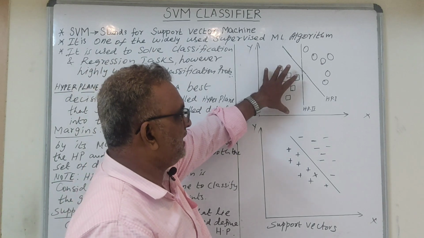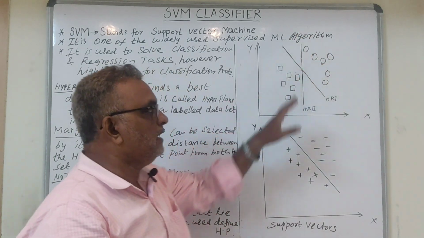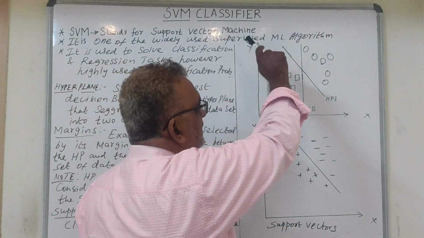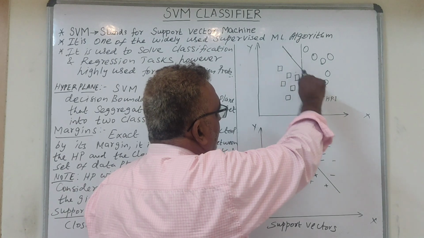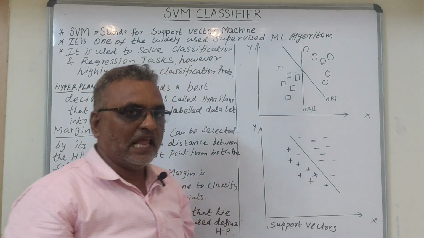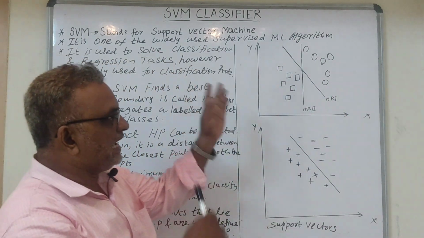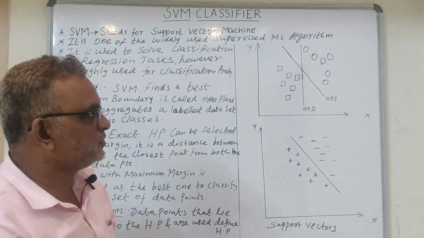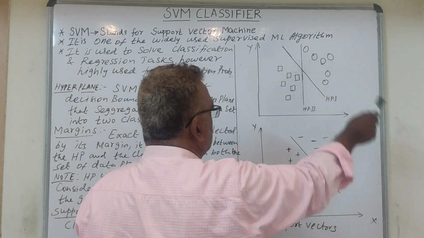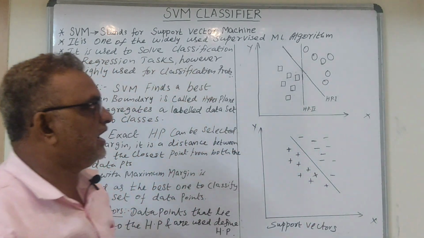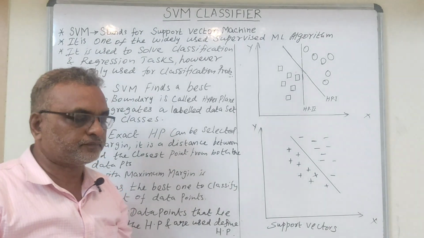This is one set of data, this is another set of data, and these data sets are divided by a line. So this line classifies the data. On one side we have circles, on another side we have squares.